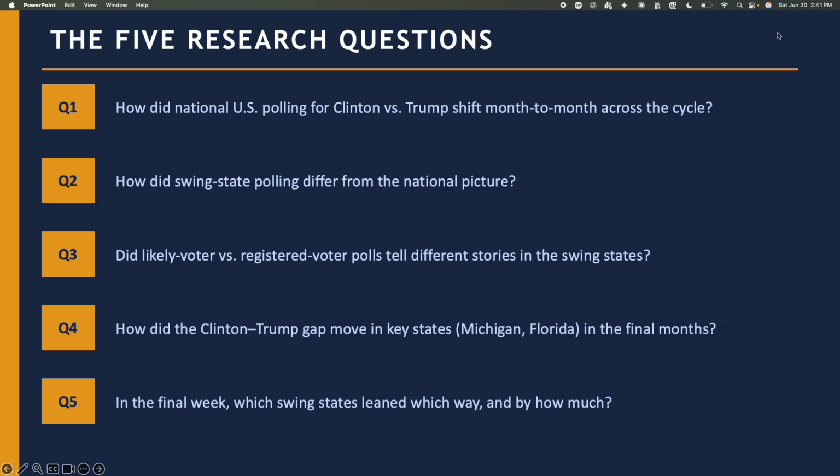Question 3 looks at whether polling likely voters versus registered voters made a difference. Question 4 zooms into 2 key states, Michigan and Florida, and watches how the gap moved in the final months. And question 5 asks, in the last week before the election, which way were the swing states actually leaning?